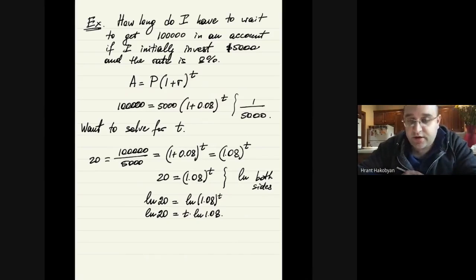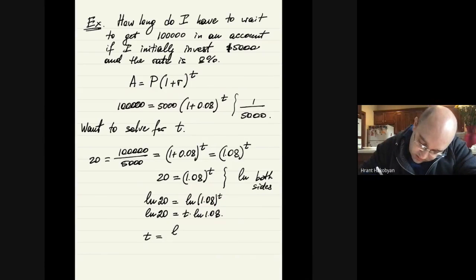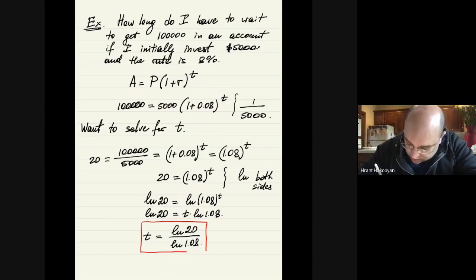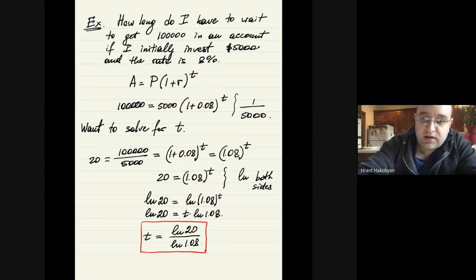And there you go. You can just find t by dividing both sides by this constant here. So t is equal to logarithm of 20 divided by logarithm of 1.08. And that's a nice illustration of how logarithms are used. Let me just calculate this number. Logarithm of 20 divided by logarithm of 1.08.